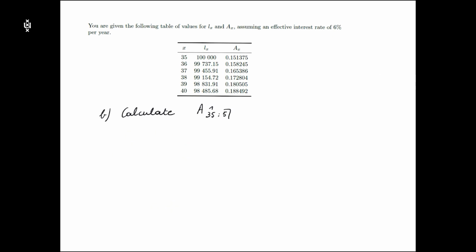If we move on with part B in the exercise, we're asked to calculate the EPV of the product that is referred to by this international actuarial symbol. If we carefully look at this symbol, we'll see that there is no bar on top of the capital A. So that means we're dealing with a life insurance product in discrete time, in this case, in periods of 1 year.